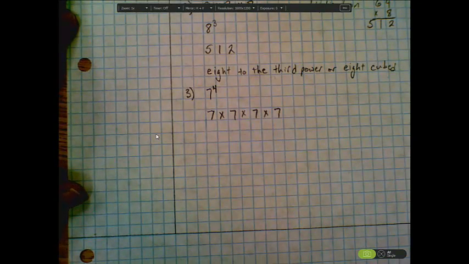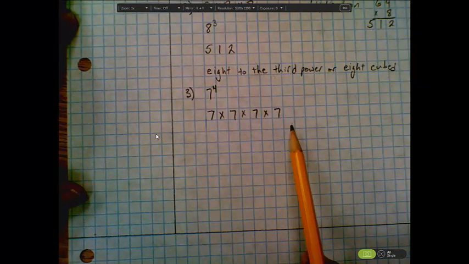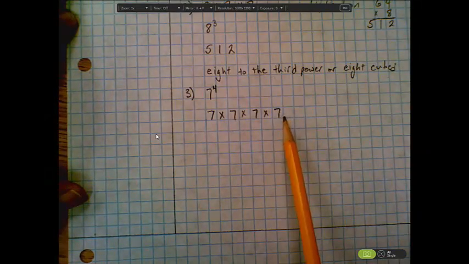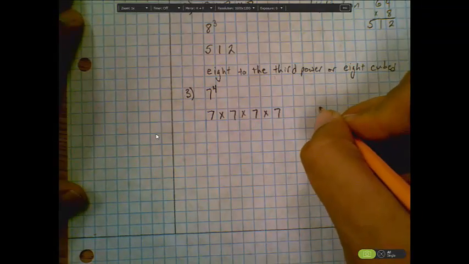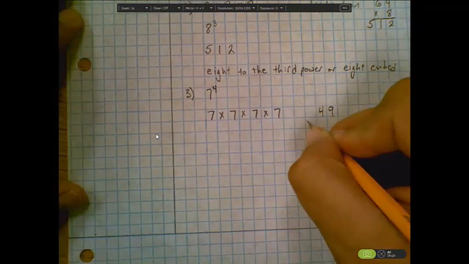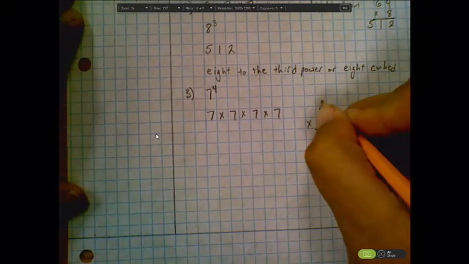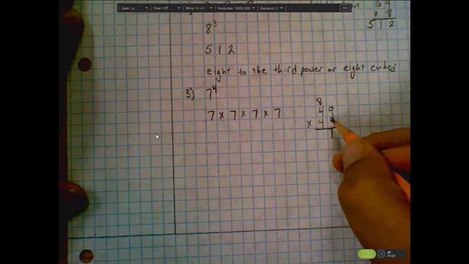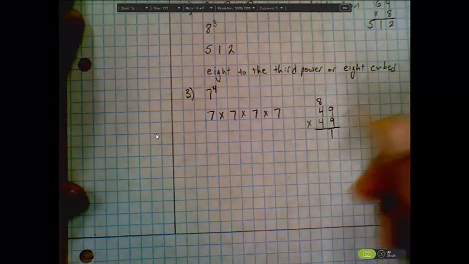All right. The next thing is to write in standard form, and in standard form we're just actually going to multiply this out. I know that 7 times 7 is 49. I have another 7 times 7, which is 49. So I'm going to write over here 49 times 49. So 9 times 9 is 81. 9 times 4 is 36. Plus 8 is 44.